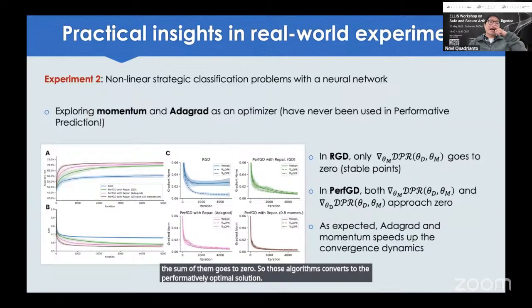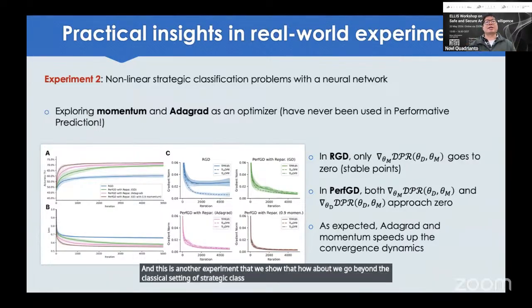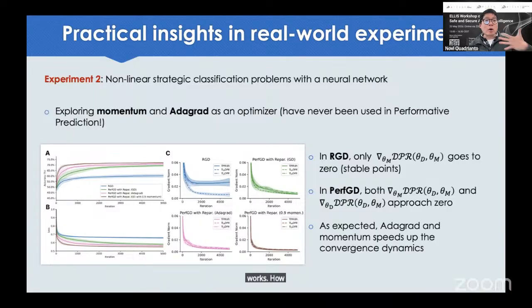This is another experiment where we go beyond the classical setting of strategic classification. In strategic classification, typically you assume your model is linear with respect to the parameter theta. How about if you have non-linear models with neural networks? How do the algorithms that we have, perfGD and RGD, behave?